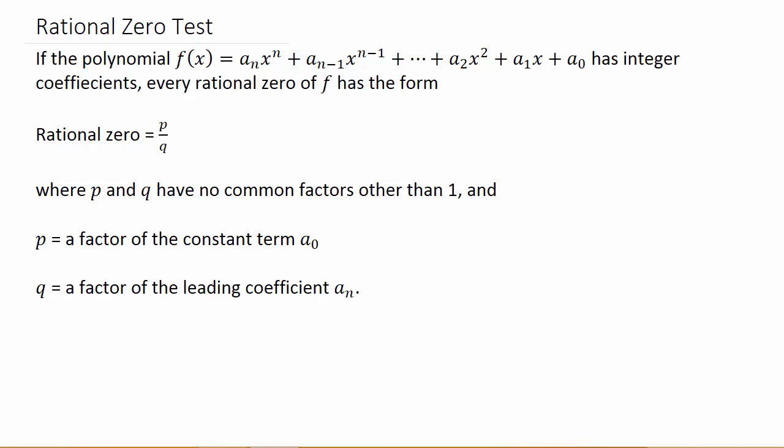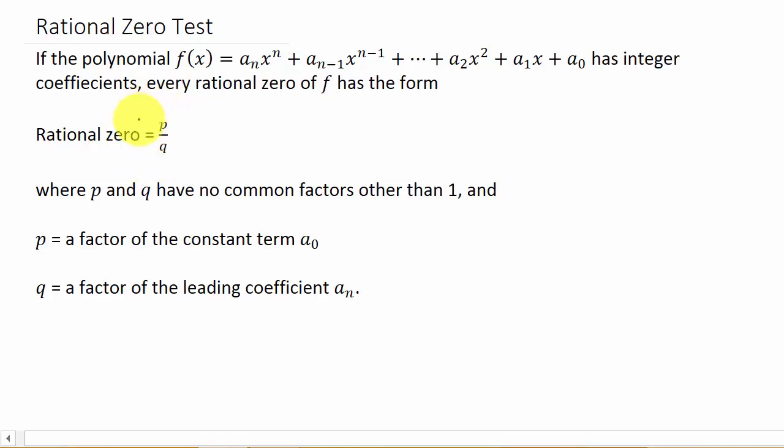We have the rational zero test, and it says if the polynomial f of x, and here's our polynomial, a sub n x to the n, this is a degree n polynomial, and then it goes all the way down to a naught, our constant term, has integer coefficients, then every rational zero of f has the form p over q.